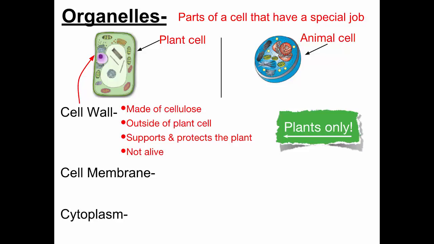So it's not a living part of this plant cell. There will be a question at some point on the test and it will say, what is the outermost living layer of a plant cell? And the answer is not cell wall. Not a lot, just a shell. When I passed around that cork, that's what you're holding, the leftover cell walls from that plant.